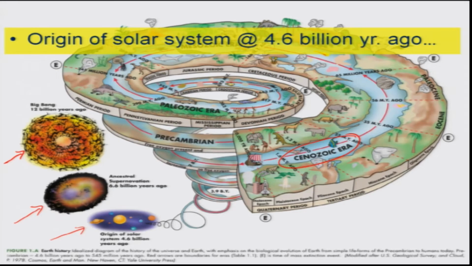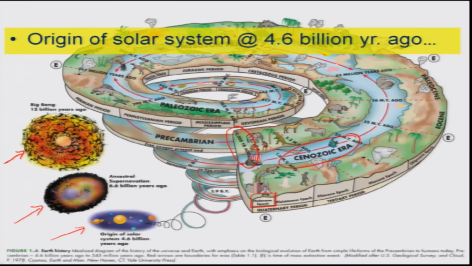So right now we are in the Holocene epoch, which is almost 10,000 years old. But now, probably because of the added effects by humans, we will be having another epoch which probably will be named the Anthropocene.